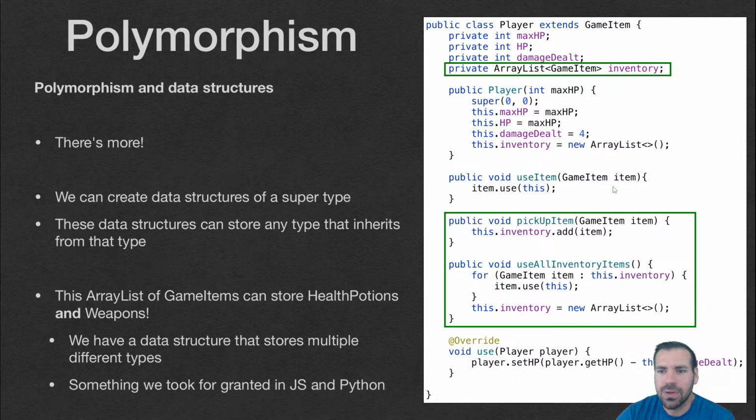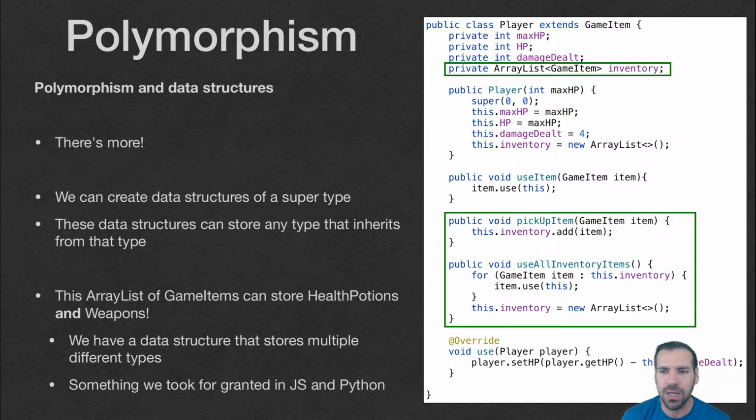So not only can we have variables or methods that take parameters of the supertype and have it work for multiple different types, but we can have data structures of the supertype and have a data structure store references to objects of different types. And this is where something we took for granted in Python comes in. Python will just let you mix whatever types you want.